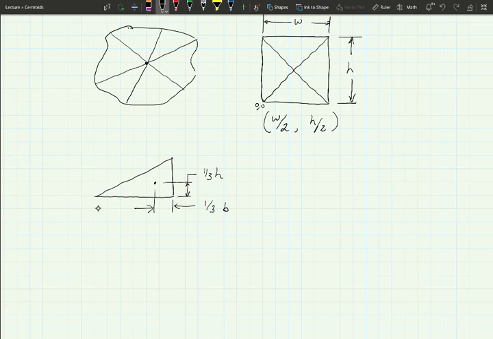Okay, so this would be our base, and we would have this as our h for height.